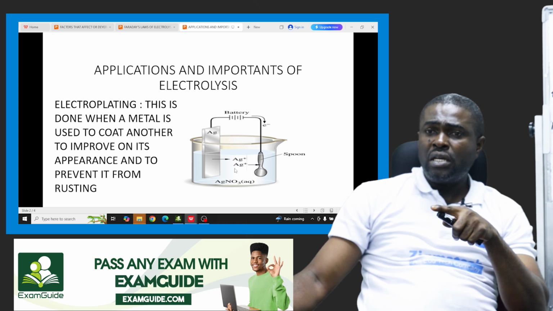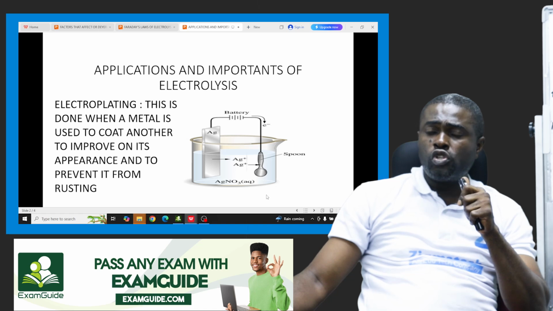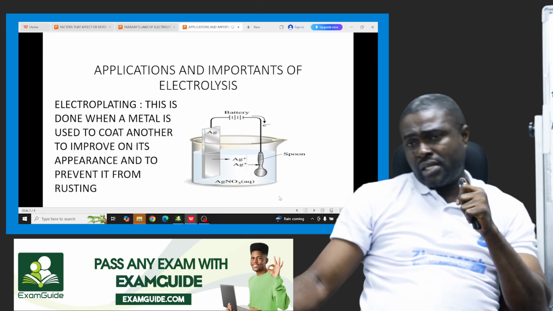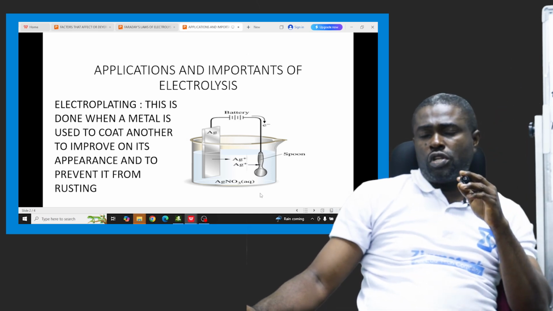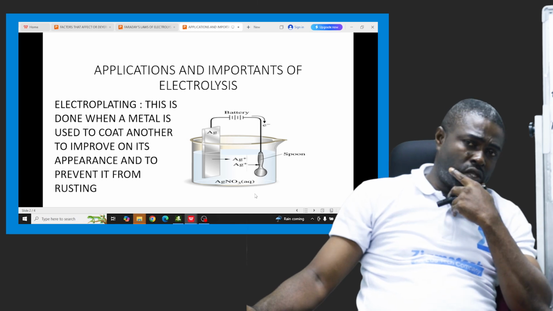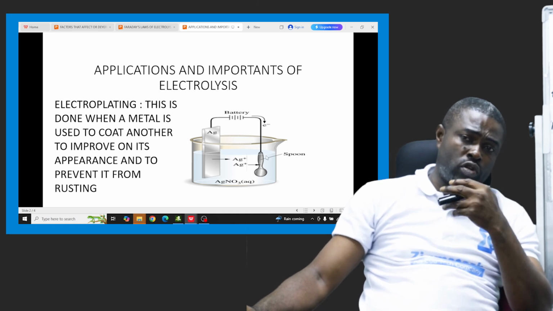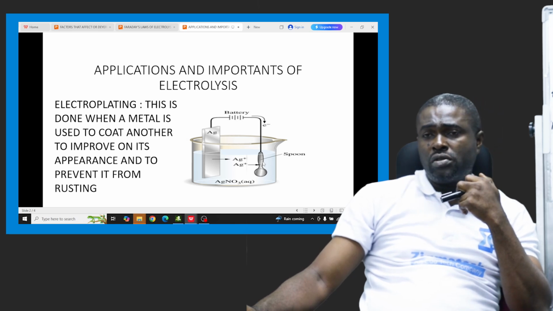And this time around, the solid from the anode will definitely dissolve into solution to produce a positive ion. And that positive ion quickly moves to the what? Quickly moves to the what? To the cathode, where it picks up an electron and becomes a neutral element. That's the second application, or the second use.